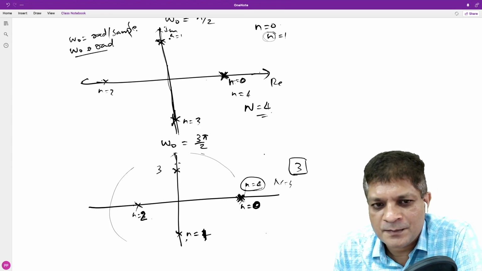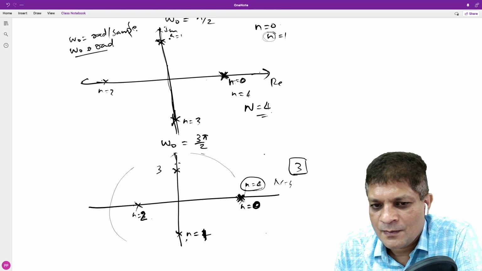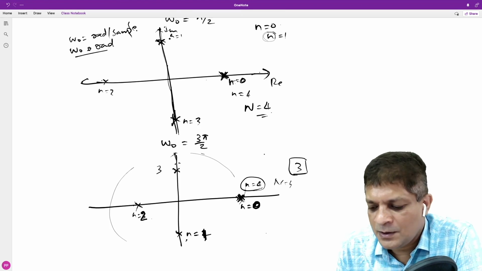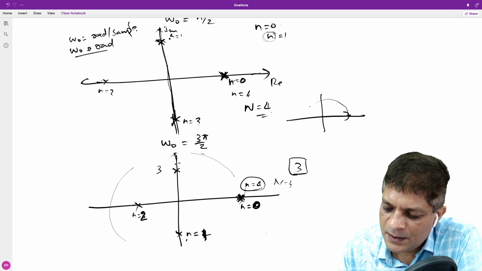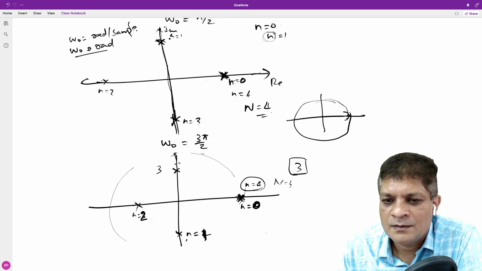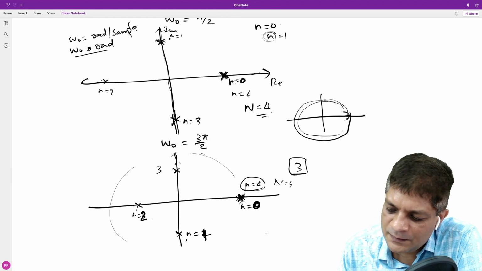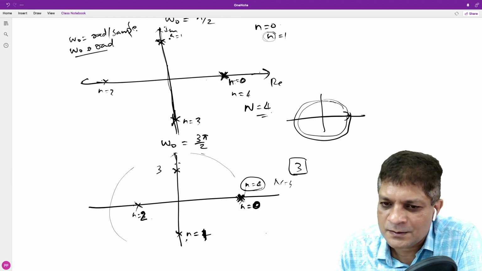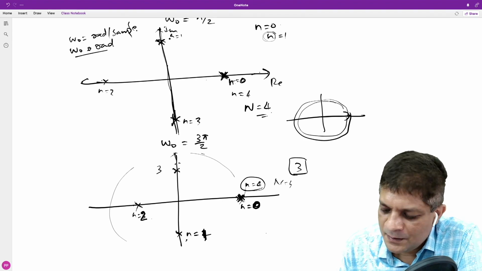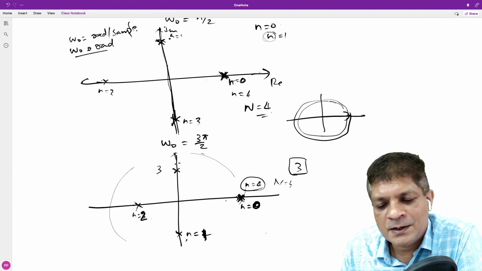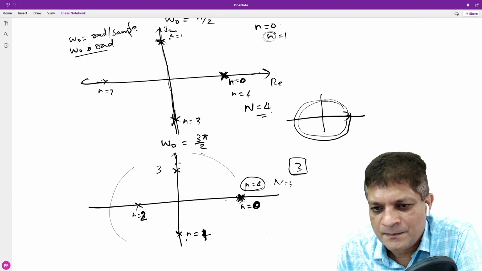But it is periodic. Now, what about a continuous time exponential signal? We are starting a phasor from here. After one cycle, it always reaches the same point. But here, it may take more than one cycle.